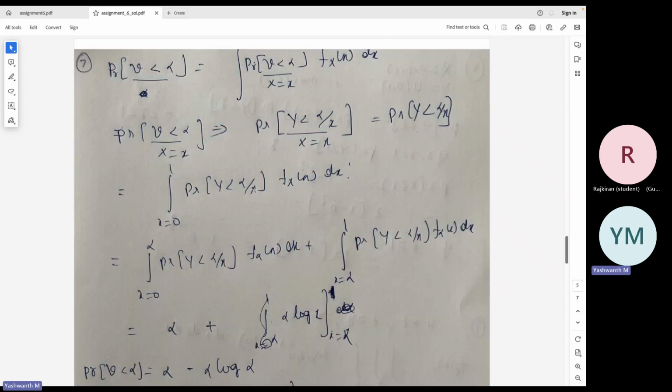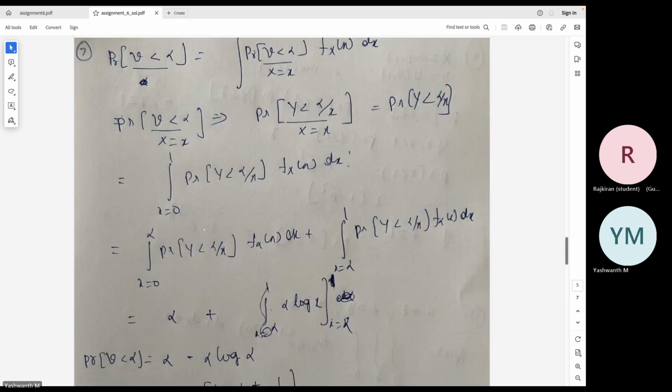If X is less than alpha, this quantity alpha by X is greater than 1. Because Y is uniformly distributed from 0 to 1, the probability that Y is less than 1 will be 1.